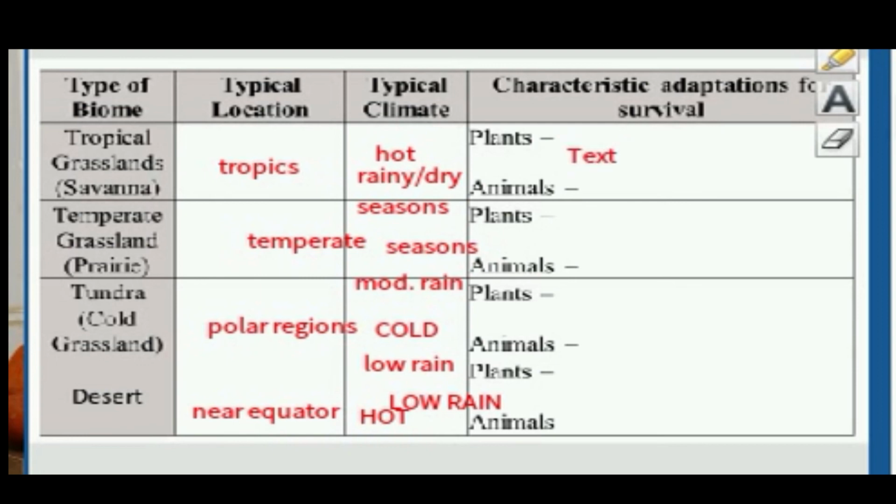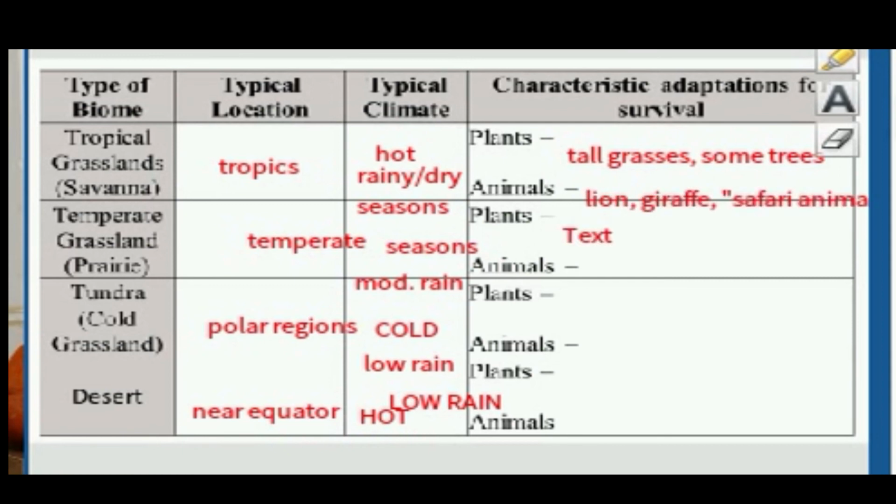In your tropical grassland, you're going to have tall grasses. Some trees, not many. The animals you're going to have, this is like a savanna, right? So you're going to have a lion. I'm going to call it safari animals.